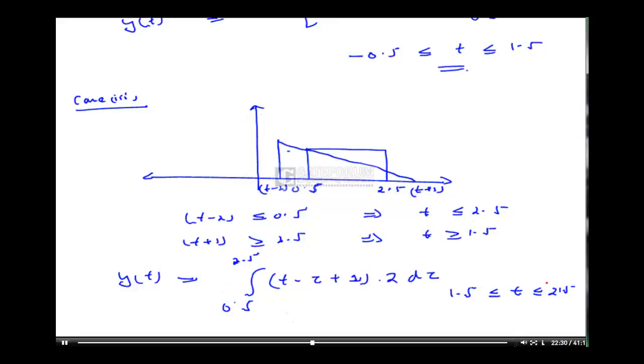So this is another condition. I should not write equal to here because earlier we have taken the case 1.5 lesser than t less than equal to 2.5. Okay, so this is one more case in which the common region is this. This common region is lying between 0.5 to 2.5. That's why the limits of integration are 0.5 to 2.5.